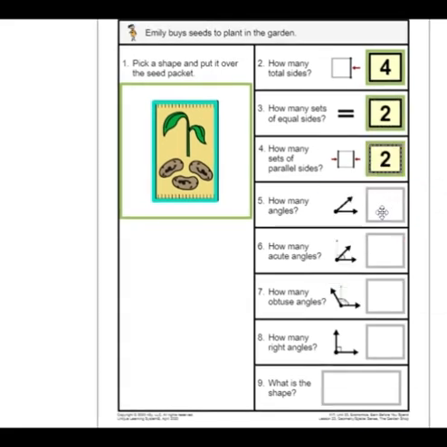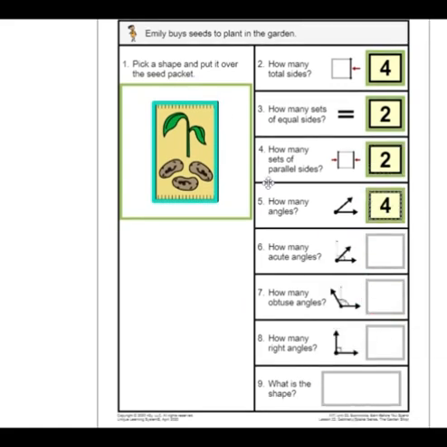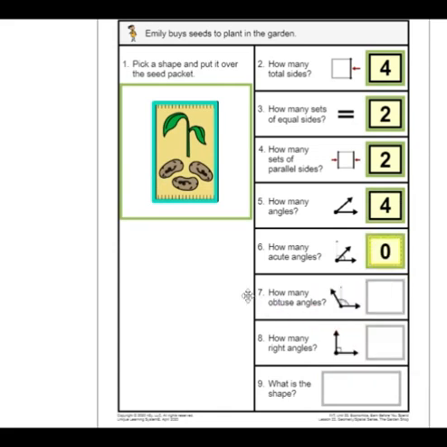2. How many angles? Here's an angle right here. 1, 2, 3, and 4. 4 angles. 4. Now, how many of these angles are acute? Just like in my square, all my angles are going to be right angles, 90-degree angles. So no acute angles, 0. 0.